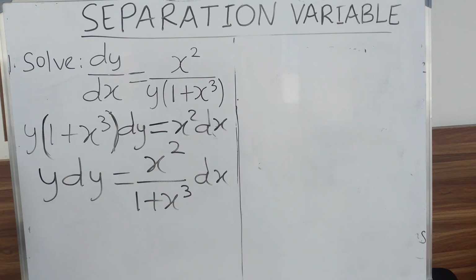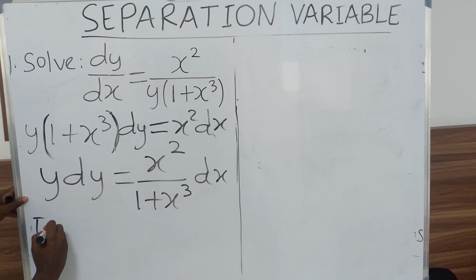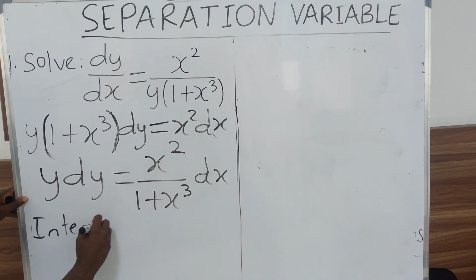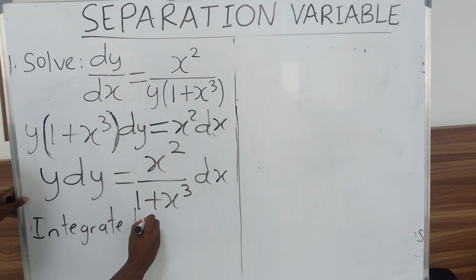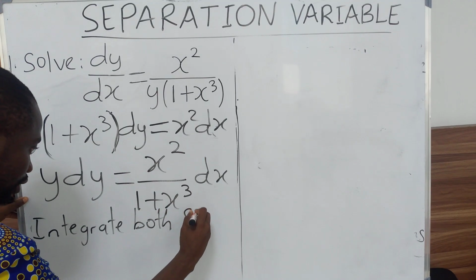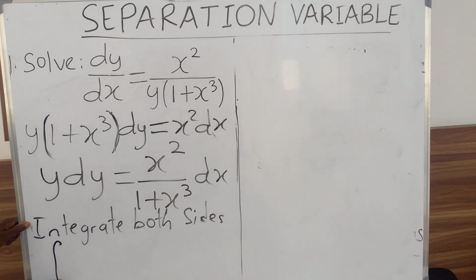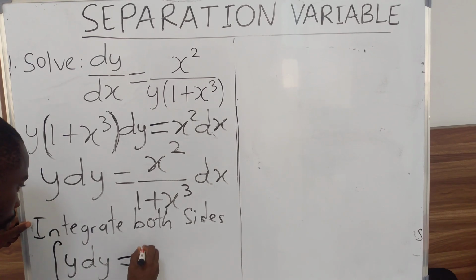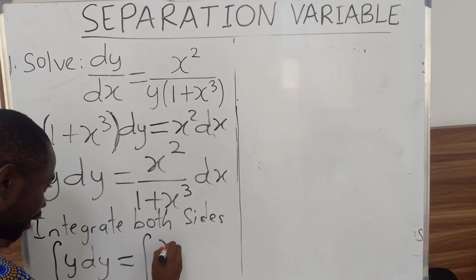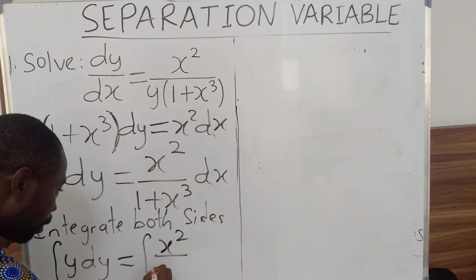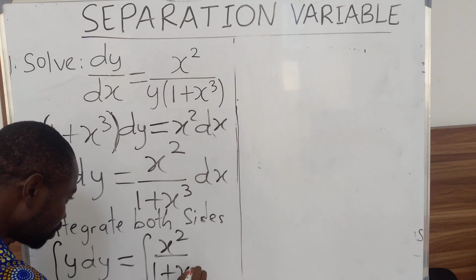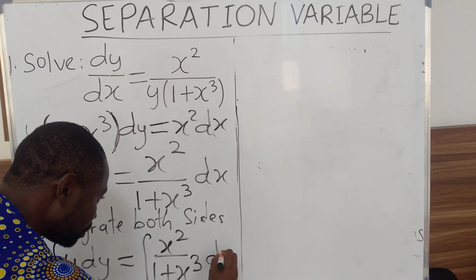So once you can get this, then the next step is you integrate both sides. That will be integration of y dy is equal to integration of x squared over 1 plus x cubed dx.